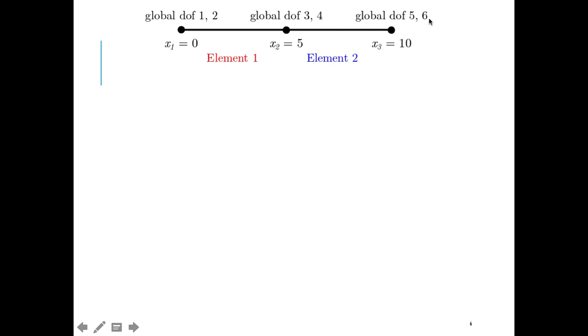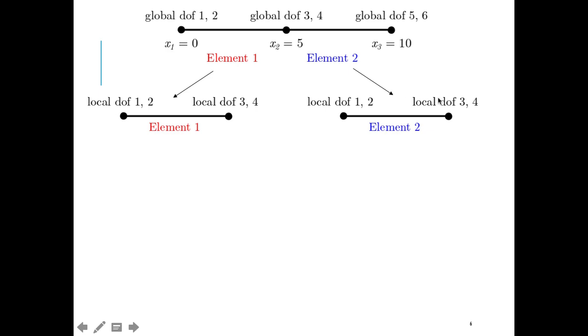And then I'm going to start to consider them locally. That is, just look at them within each of the elements. So let me first look at element 1. Now for element 1, I just have my local node 1, local node 2, and their local degrees of freedom are then 1, 2, 3, 4. Okay. And for element 2 also, similarly, I will use the same local degree of freedom numbering.